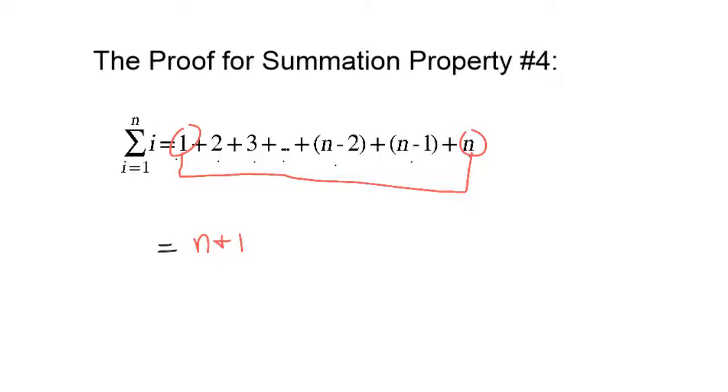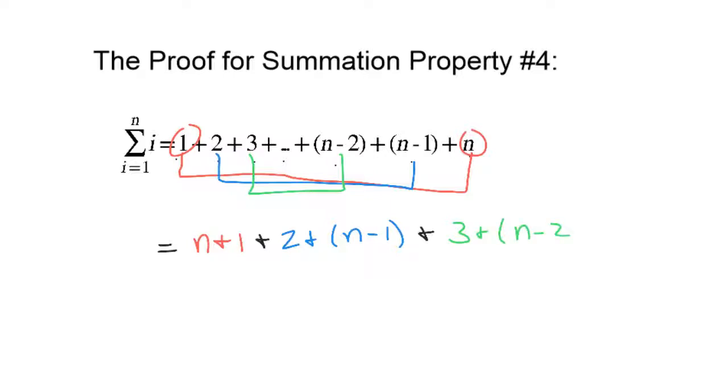And then I'm going to add that to those two. So this is plus 2 plus n minus 1. And then I'm going to do these two together, and that is 3 plus n minus 2, and then plus dot dot dot.